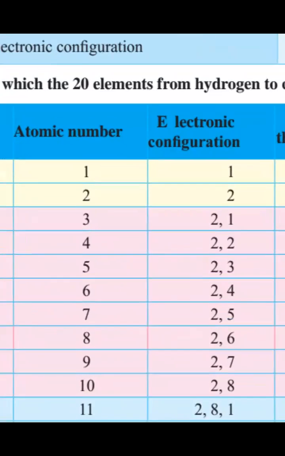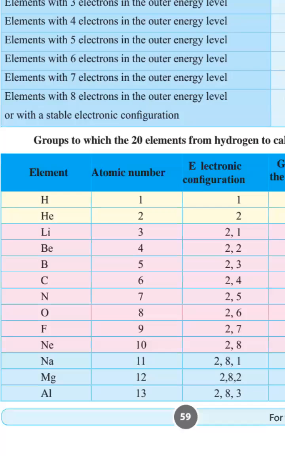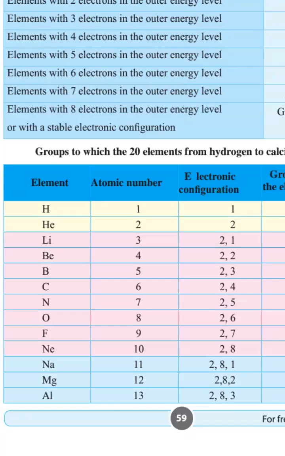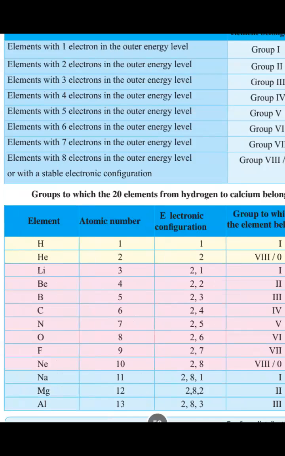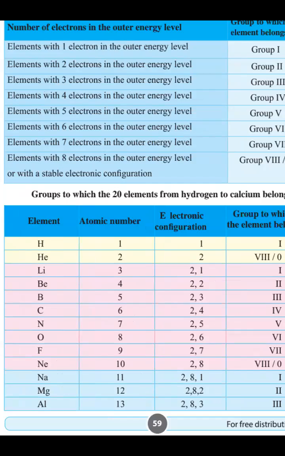If you consider magnesium, electron configuration is 2,8,2. The group should be 2. Why? The last energy level in magnesium has 2 electrons. Therefore, group 2.